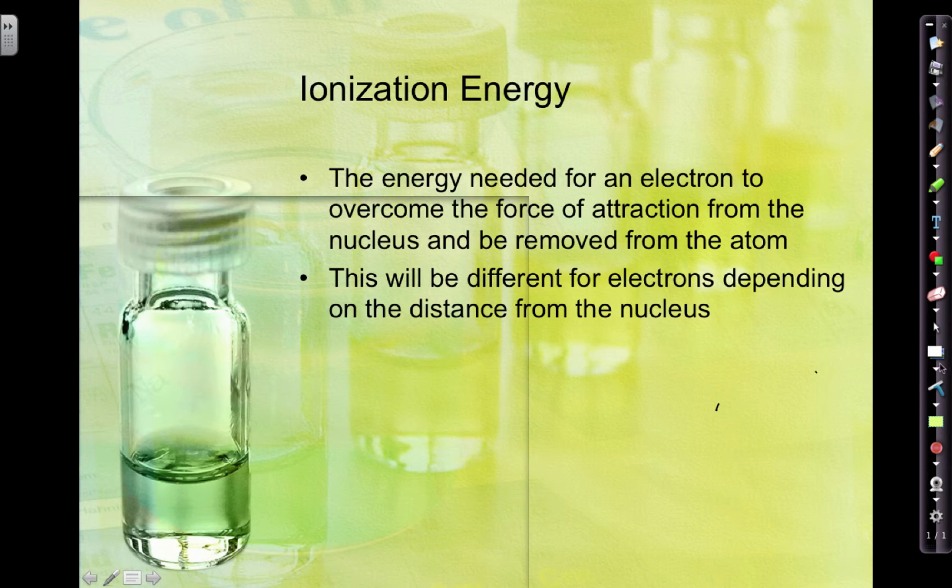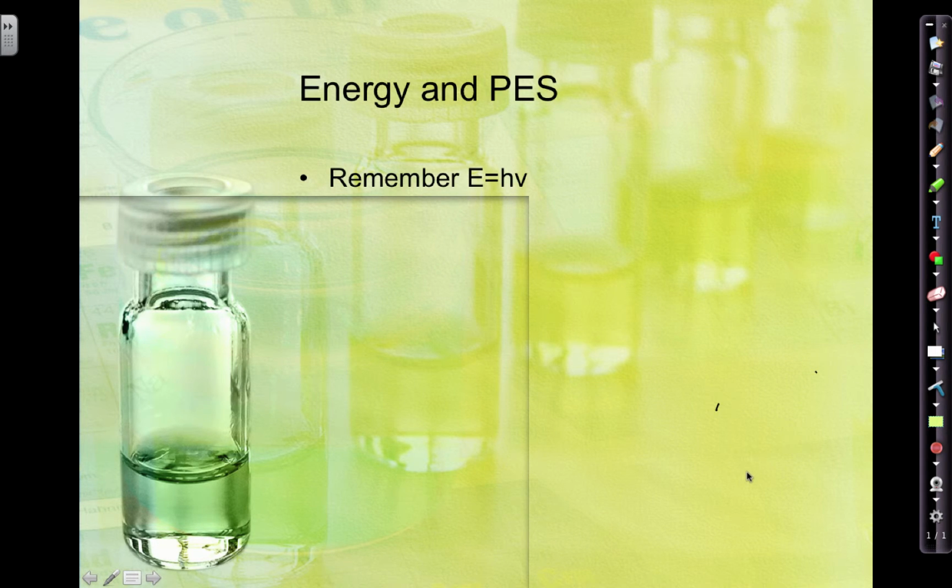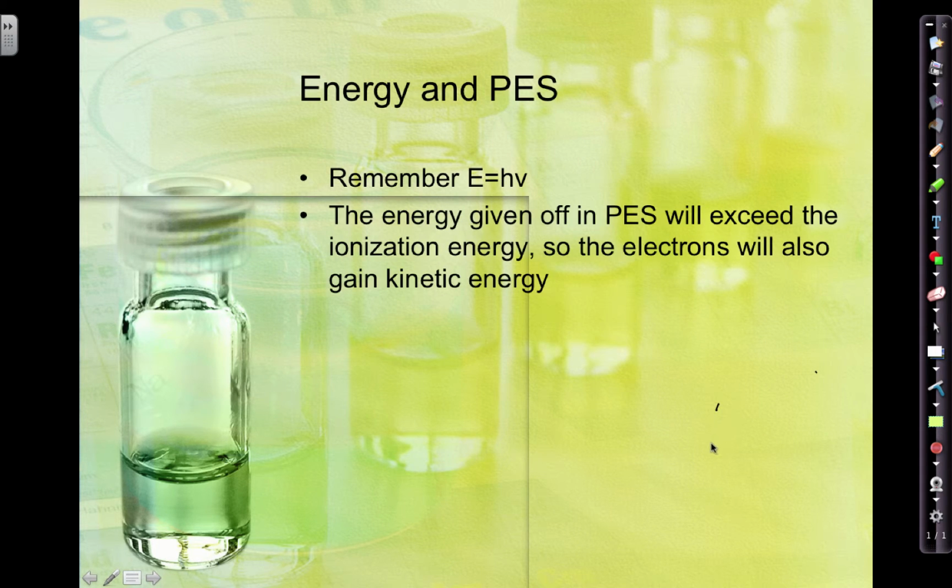So let's look at a PES. Okay, so when you are looking at energy, remember that energy is equal to Planck's constant times the frequency of a wave. So the energy given off in the PES will exceed the ionization energy. So basically it's higher than required to pull off the electrons.